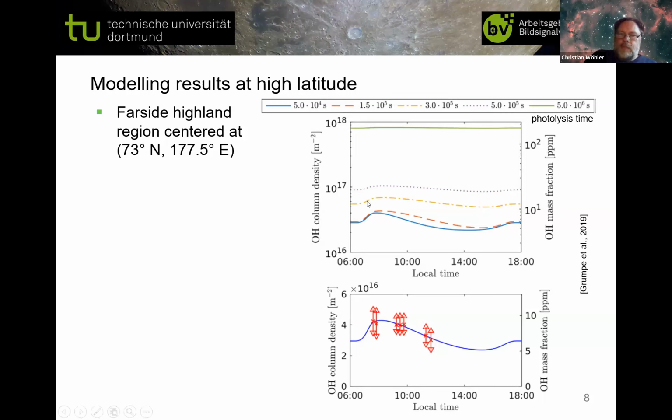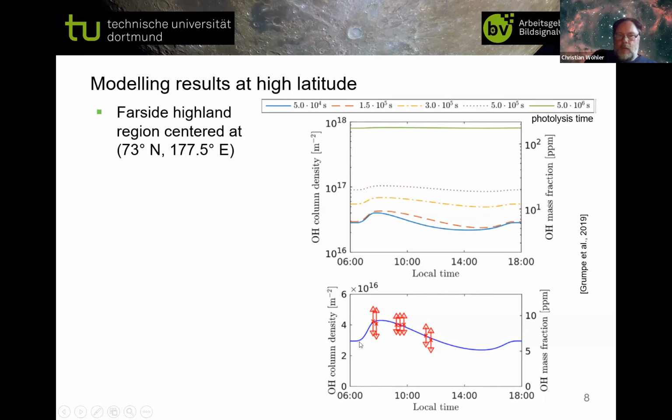In that way, column density can be converted to OH mass fraction. So this is 10, this is 100 ppm. And what we get here is about at most 20, rather less than 10 ppm OH mass fraction.